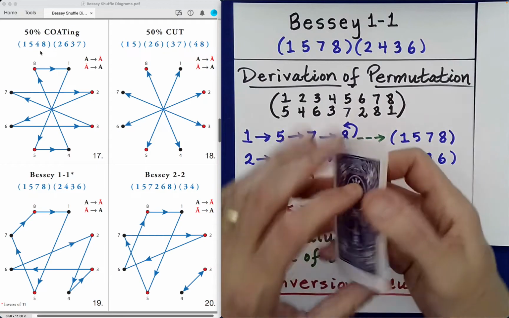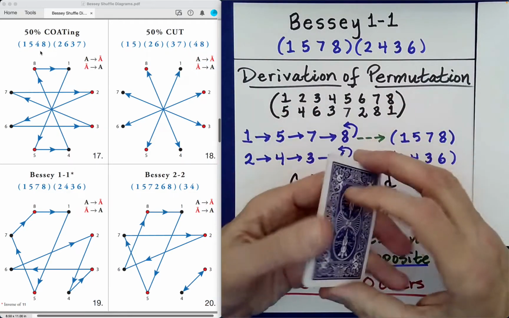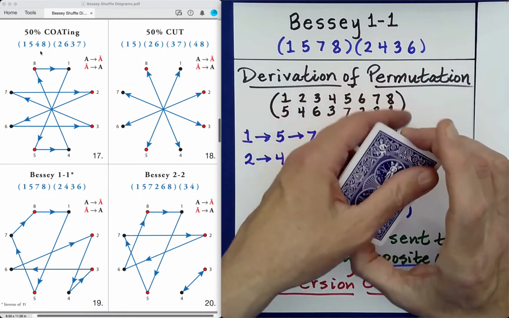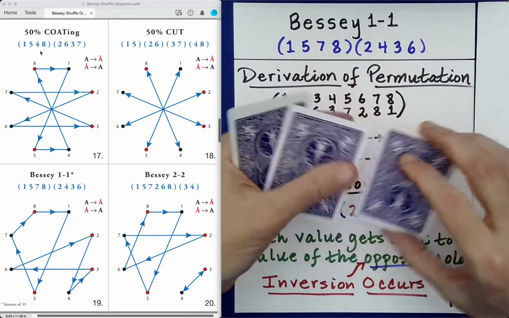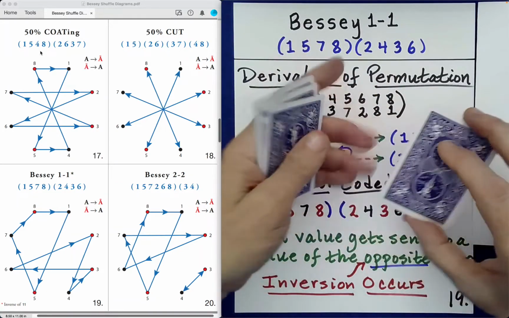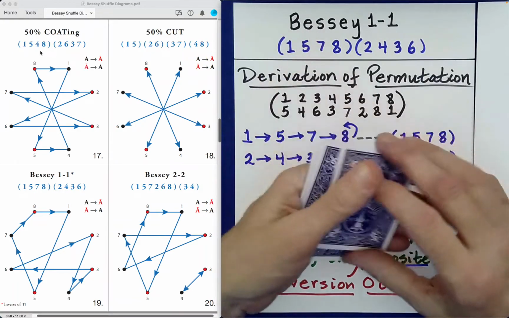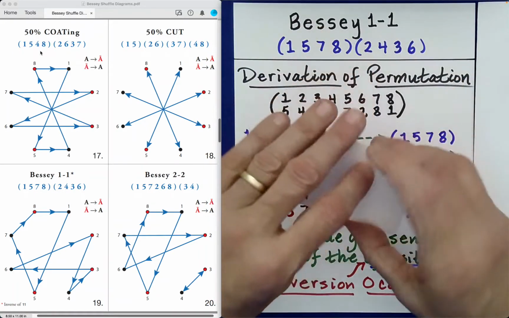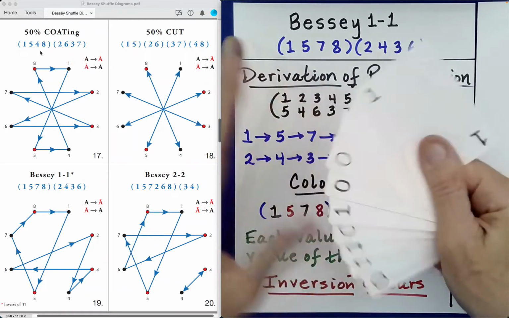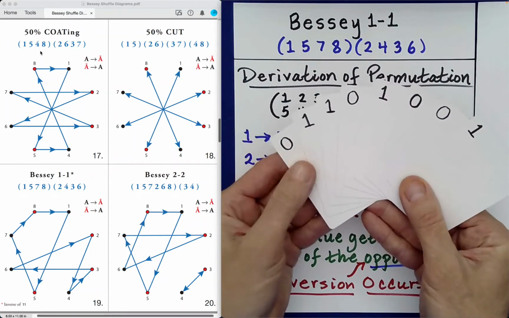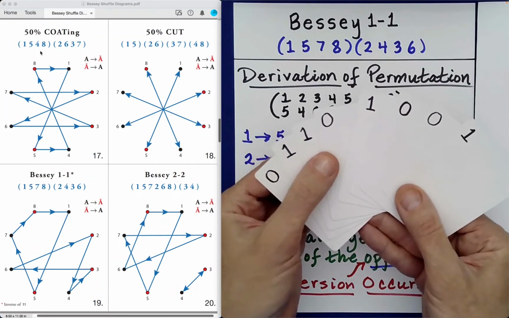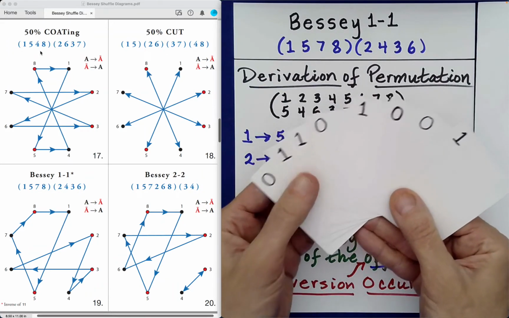So let's go ahead and just demonstrate that. So the Bessey 1-1, you take the top one, and then the bottom. One from the top, one from the bottom, one from the top, one from the bottom, one from the top, one from the bottom. There's only one left. So let's see if inversion has occurred. It has indeed. The sequence is now 0, 1, 1, 0, 1, 0, 0, 1.